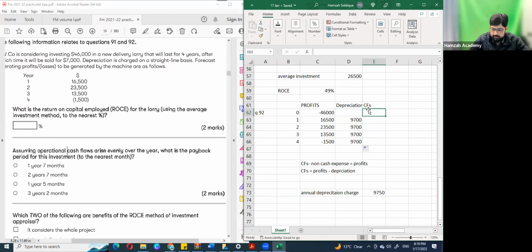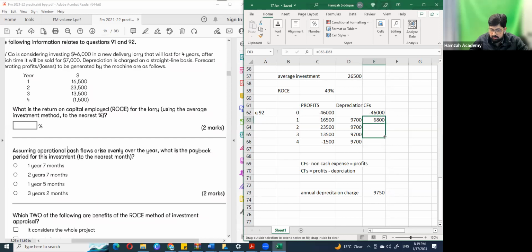So you see here, we need cash flows. Profit minus depreciation. Profits minus depreciation. Just a minute.